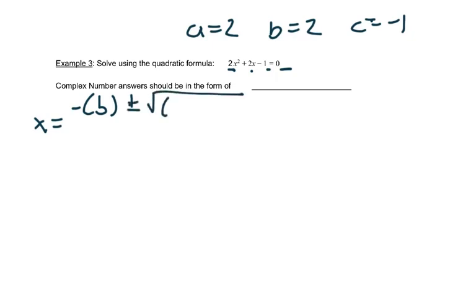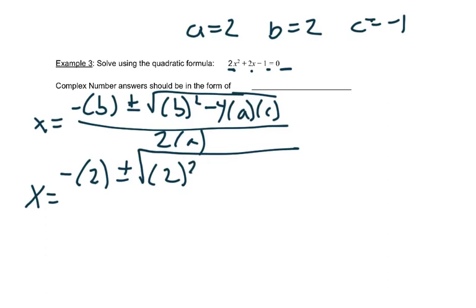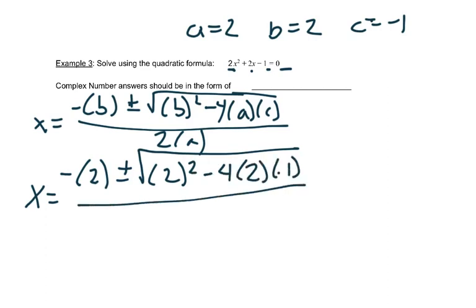X equals the opposite of b plus or minus the square root of b squared minus 4ac all over 2a. And then I'll replace those letters with the numbers. So the opposite of 2 plus or minus the square root of 2 squared minus 4 times 2 times negative 1 all over 2 times 2.